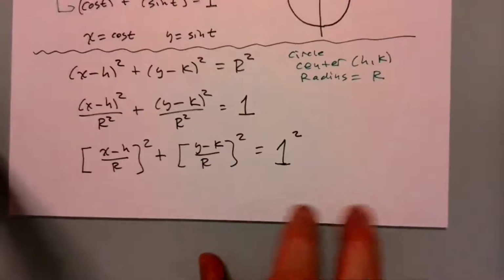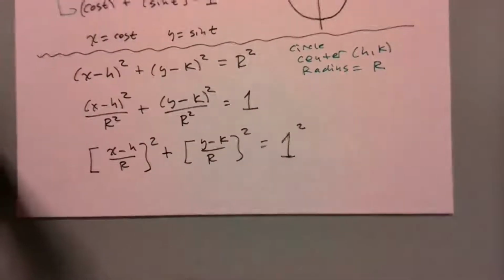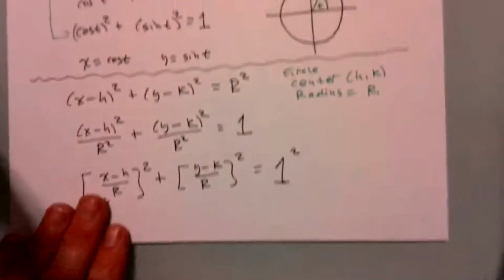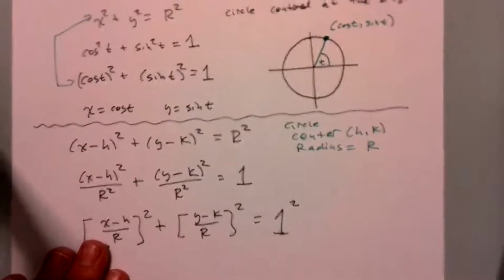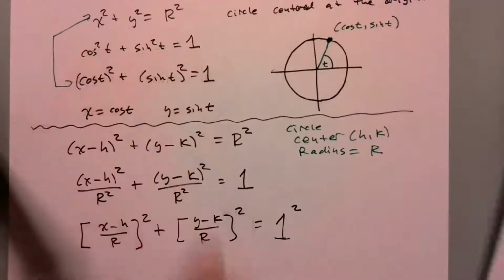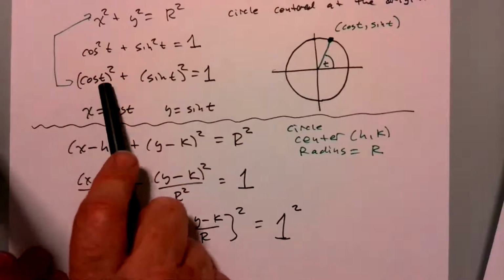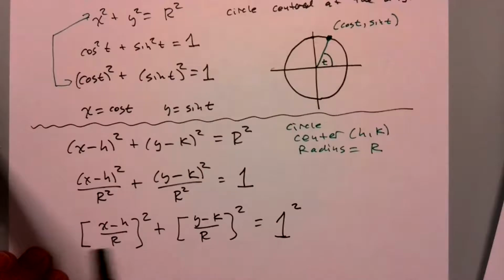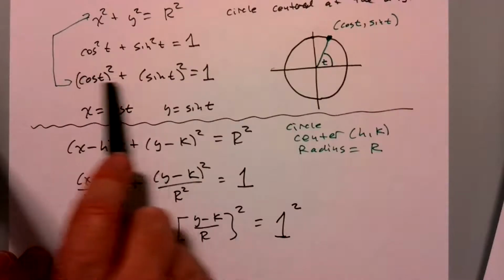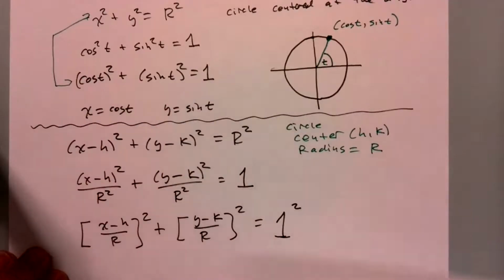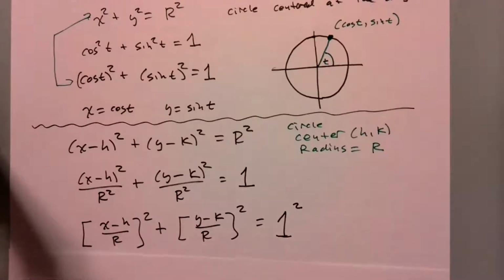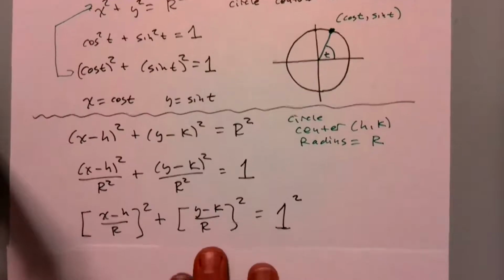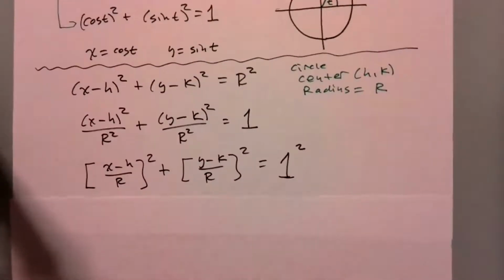Now we want to connect this to our favorite Pythagorean identity, which we used in our discussion up here. Remember? What did I say? Cos squared t plus sine squared t is 1. Cos t quantity squared plus sine t quantity squared is 1. How does that relate to this? Can we connect this idea with this idea? I hope you can. So we're seeing how to construct a parametric representation for any circle.